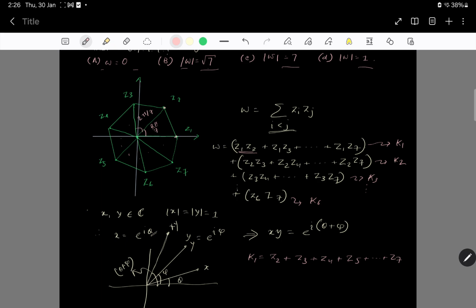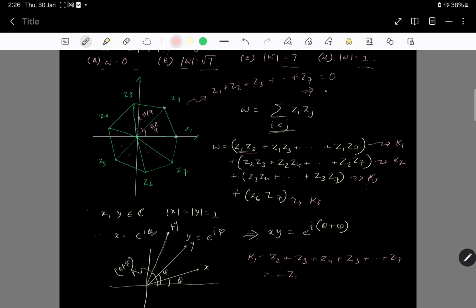Okay, great. So observe that this term is nothing but minus z1, because if we sum all the complex numbers, that is z1 plus z2 plus z3 up to z7, it will give us 0.